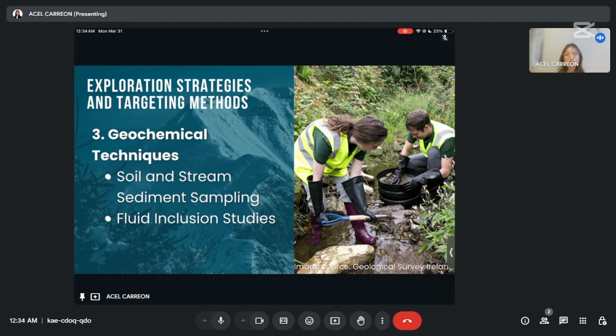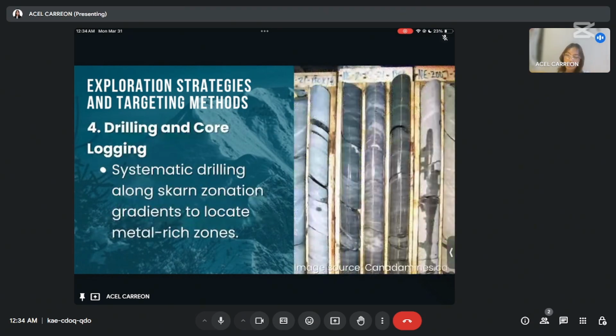We can also use fluid inclusion studies, where it determines the temperature and pressure conditions of ore formation. And lastly, we can use drilling and core logging, where systematic drilling along skarn zonation gradients locates metal-rich zones, and petrographic and isotopic studies trace hydrothermal fluid evolution.